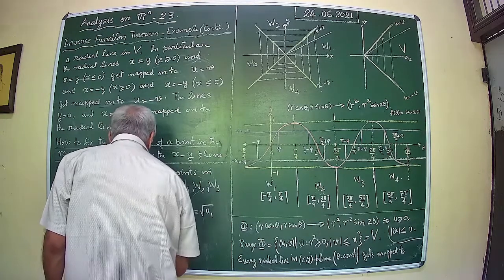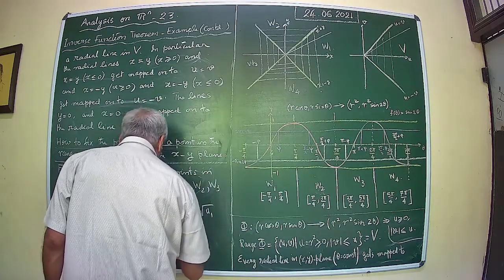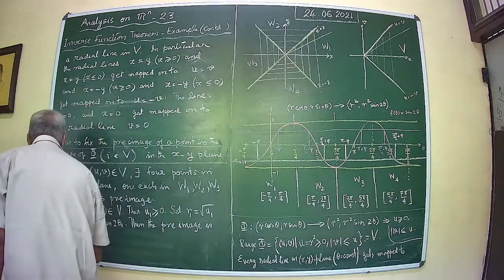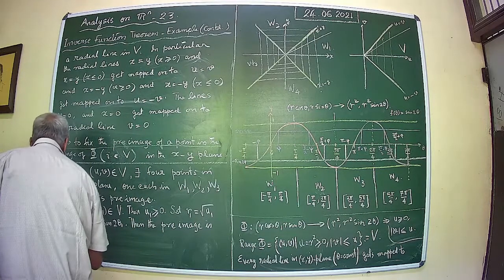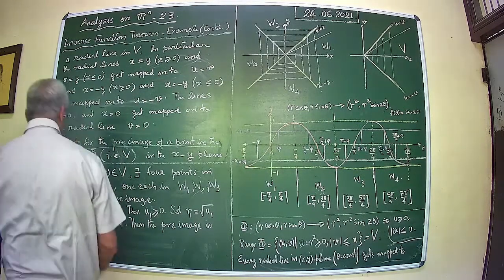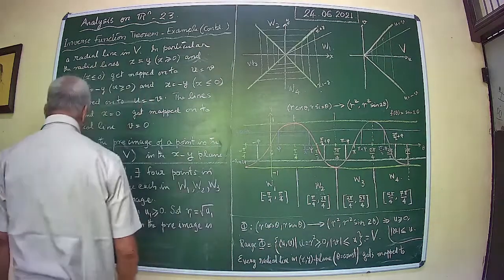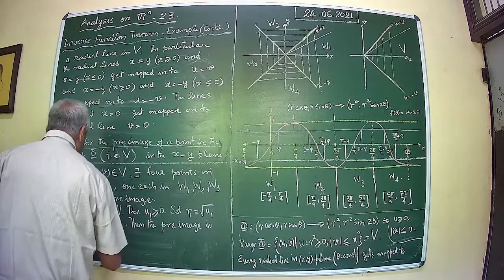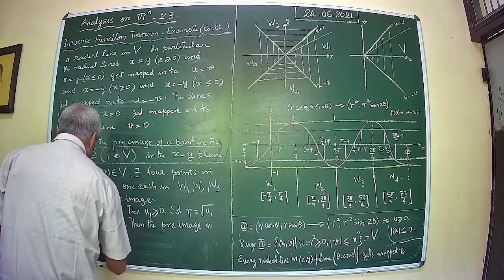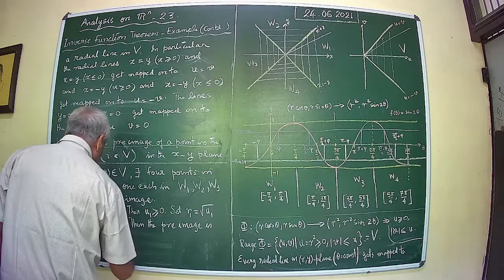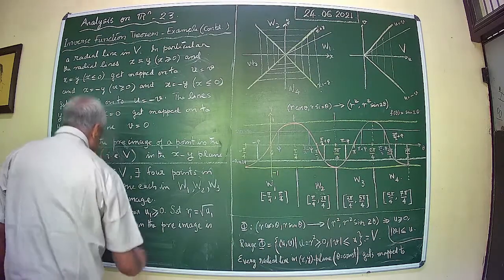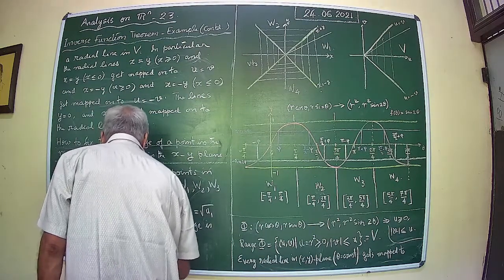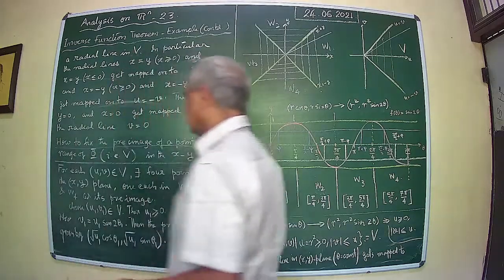The pre-image square root of U1 cos theta 1, that is what it comes.